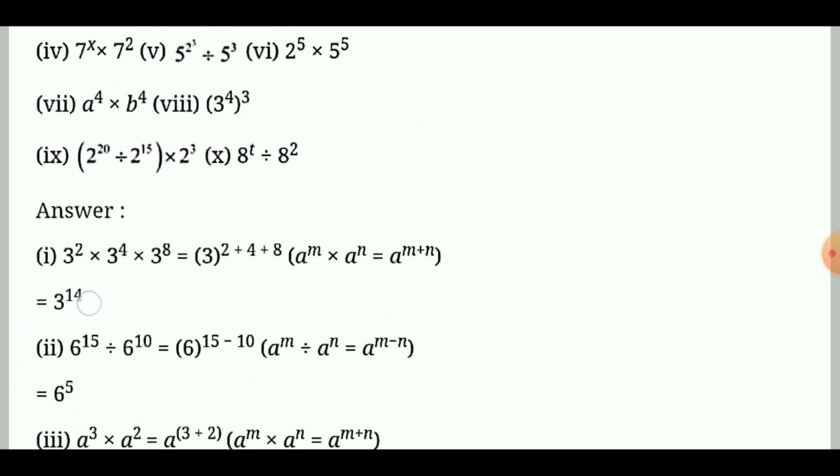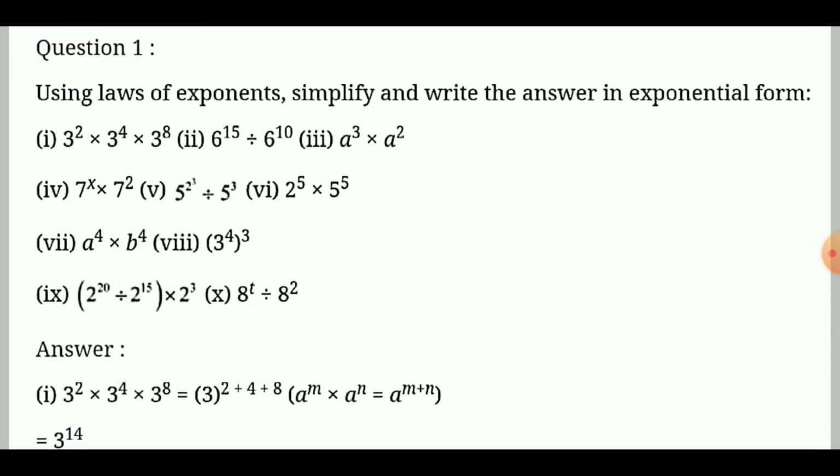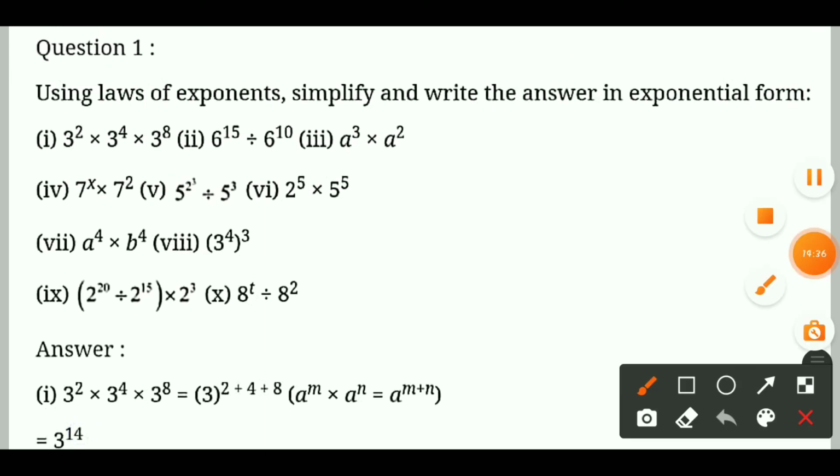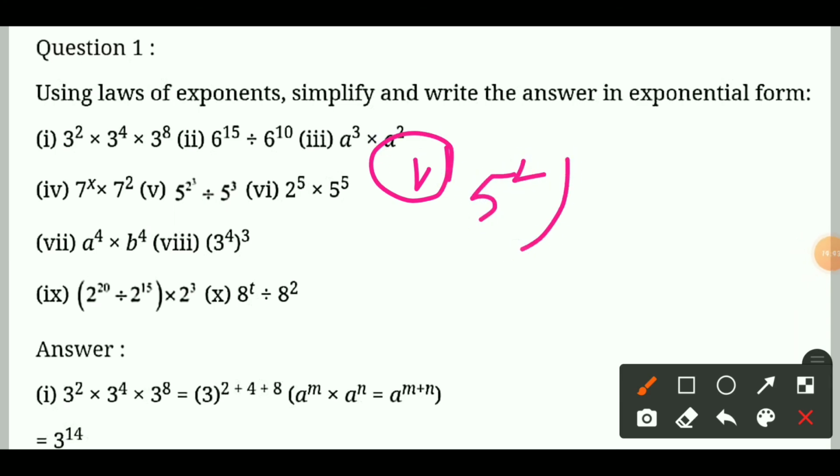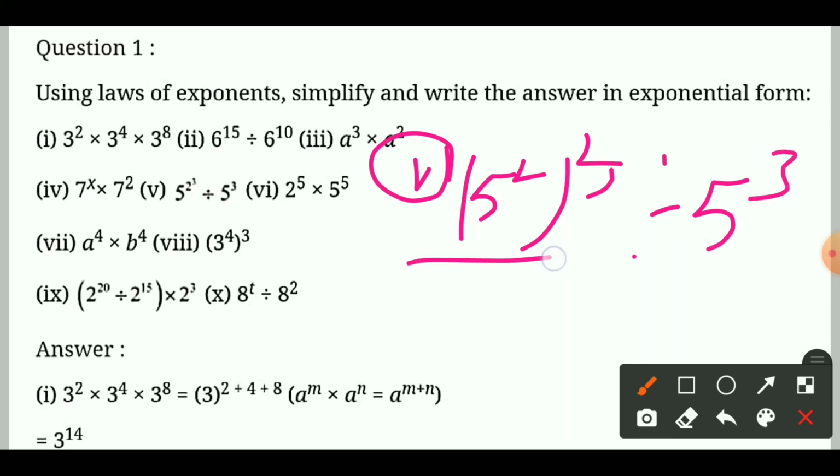Now the fifth question. In the fifth question you can see here we have two powers. Yes or no? So what are you going to do? In this we are going to use this law, (a^m)^n.